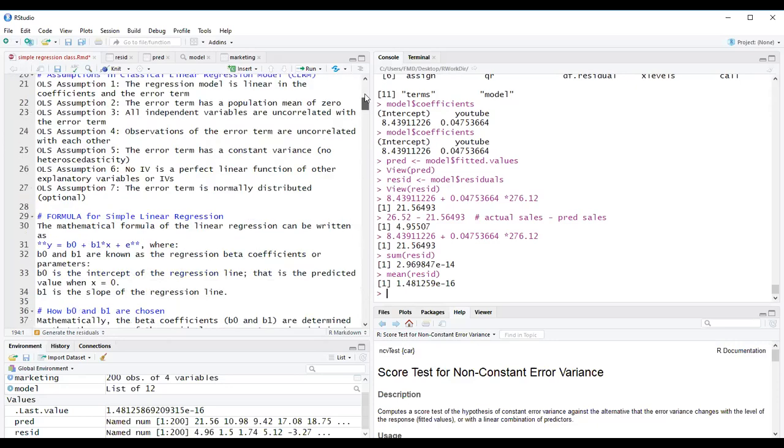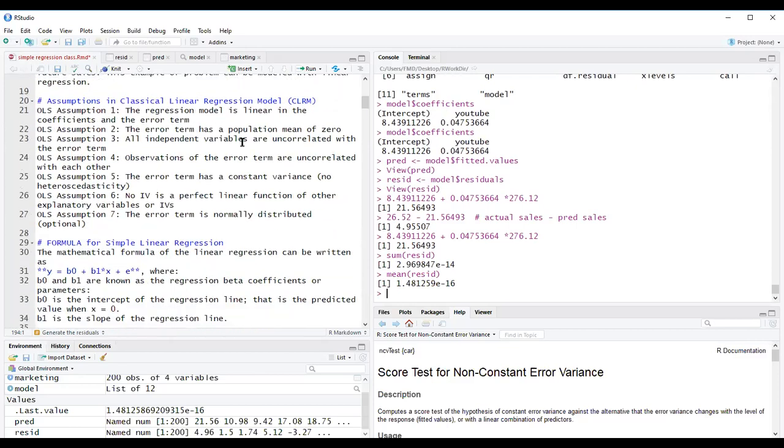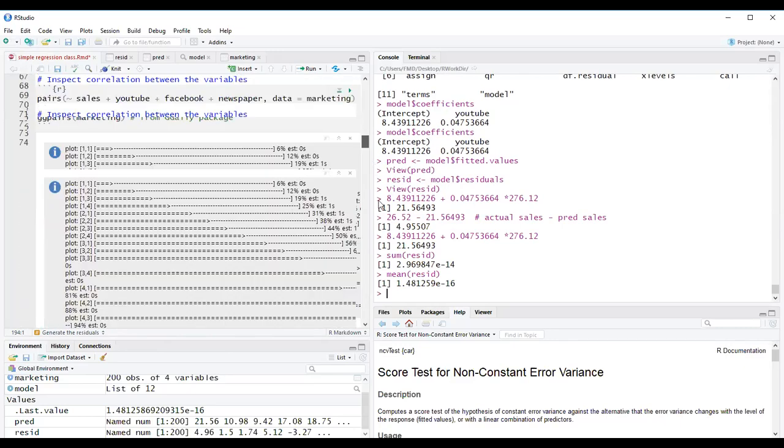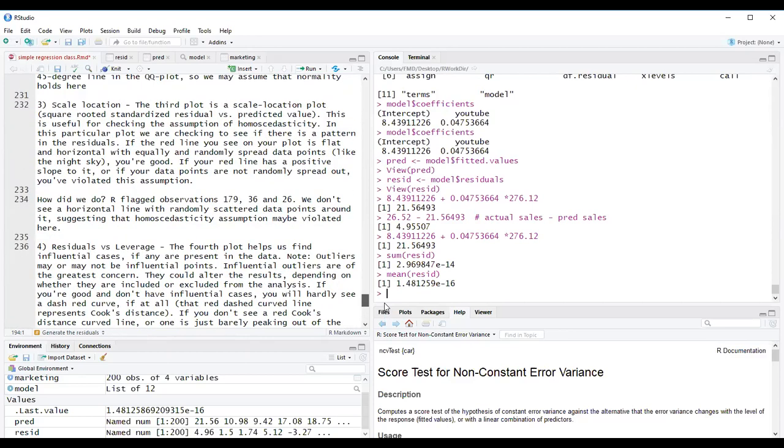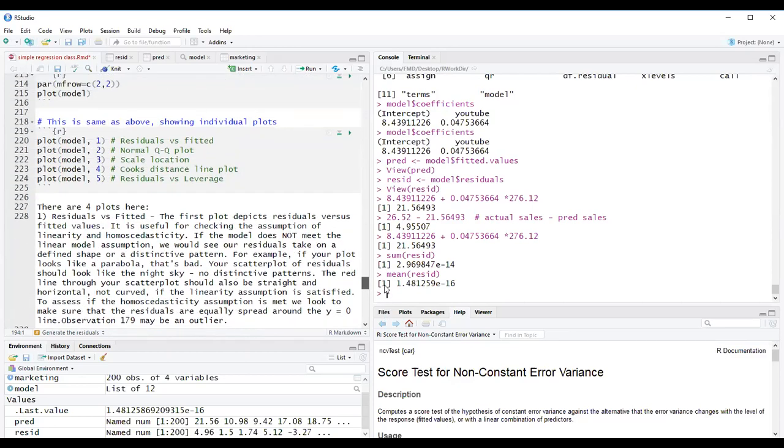So we are correct as far as OLS assumption number 2. The mean of the residual is 0. Okay, because if that is not 0, guys, the model is wrong.